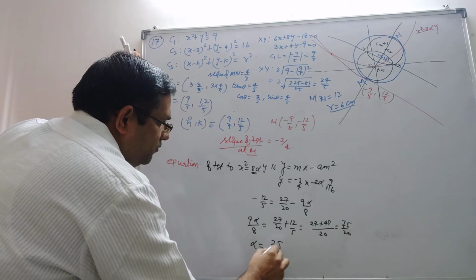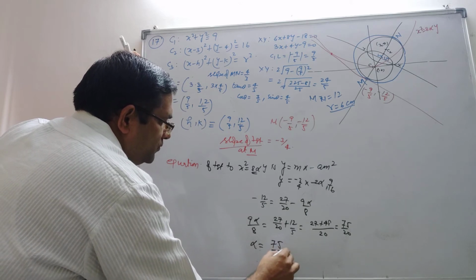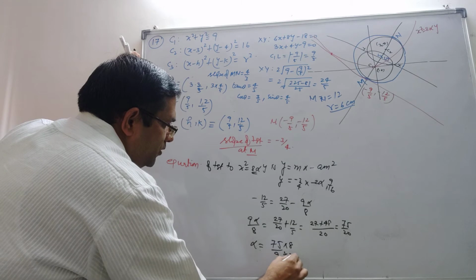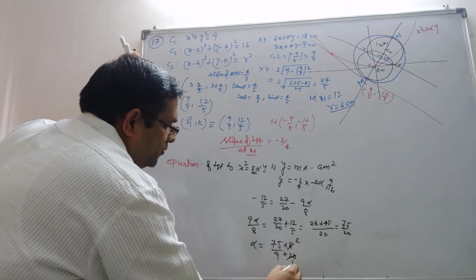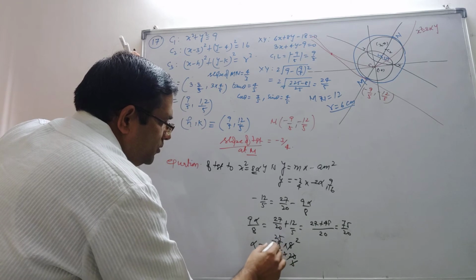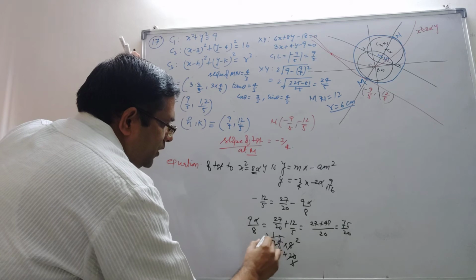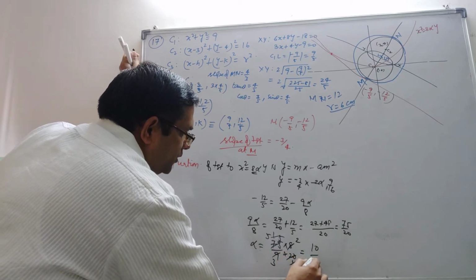Alpha is equal to 75 by 20 divided by 9 by 8, which gives alpha is 10 by 3.